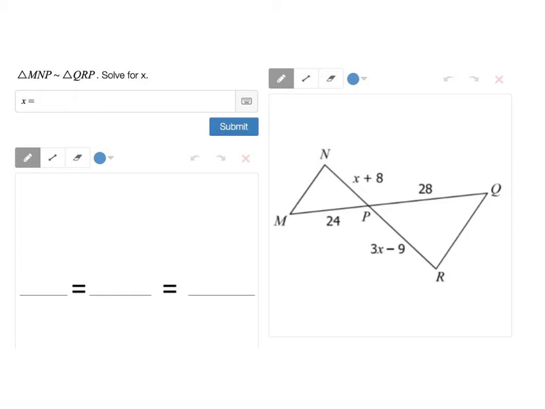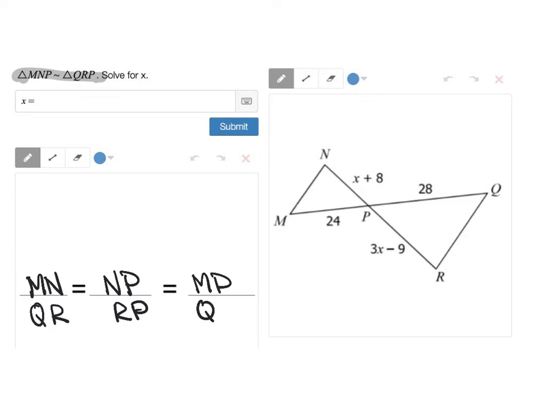This one I'm just going to get set up with you. Again, we have that statement. So MN, NP, MP across the top, QR, RP, and QP across the bottom.